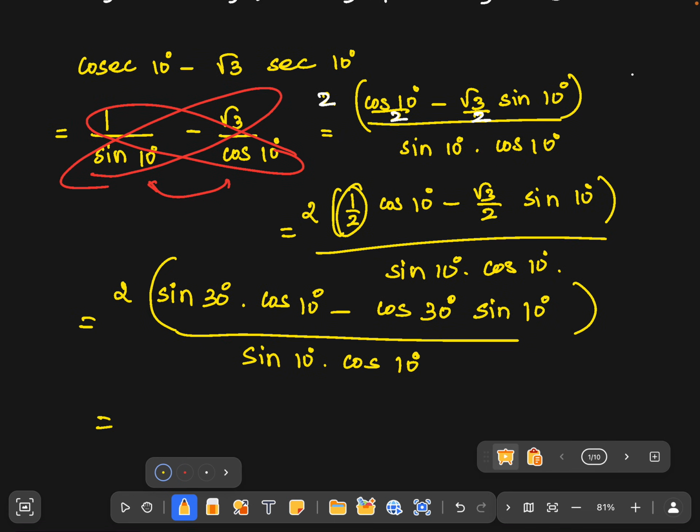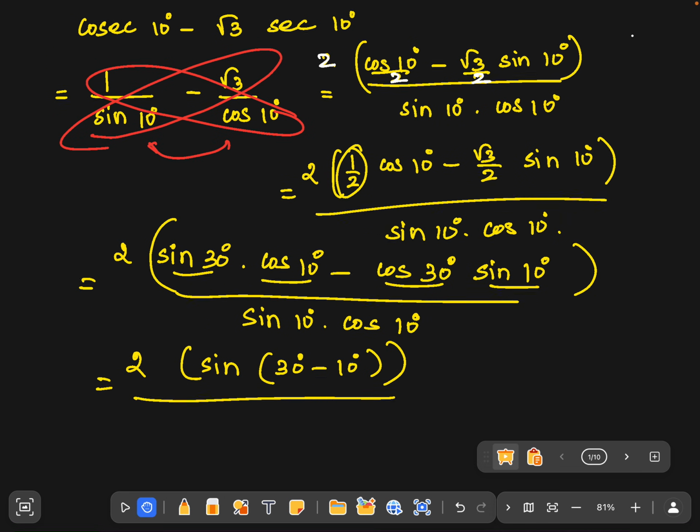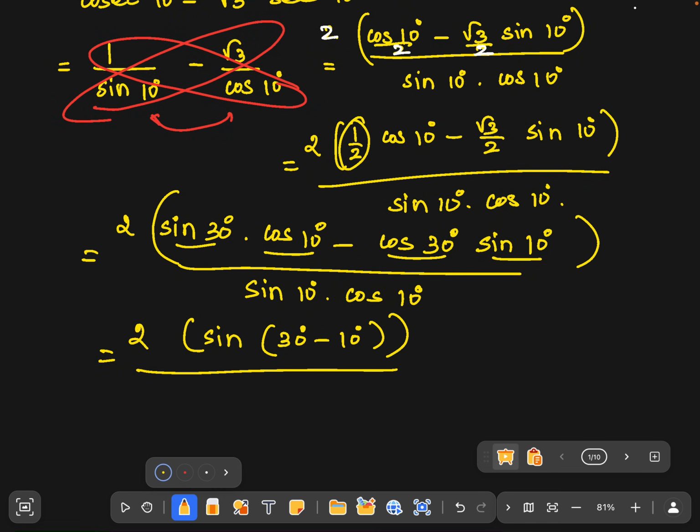Next, we all know this looks like sin A cos B minus cos A sin B. So we can write it as sin of A minus B, 30 degree minus 10 degree. Next, again multiply numerator and denominator by 2, so here also 2 sin 10 degree cos 10 degree.